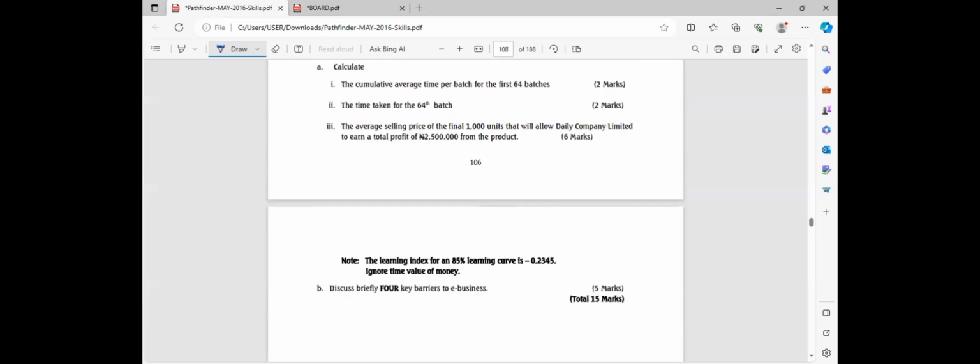Note, the learning index for an 85% learning curve is minus 0.2345. Ignore the time value of money.